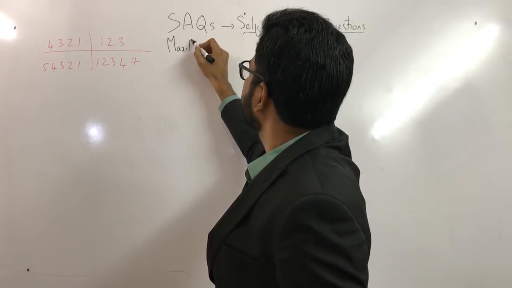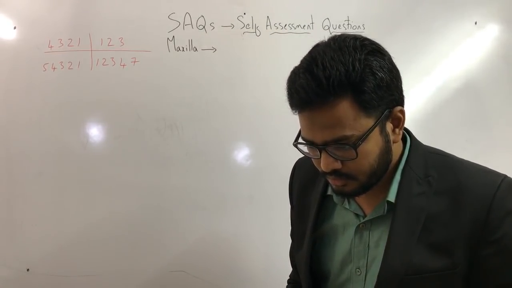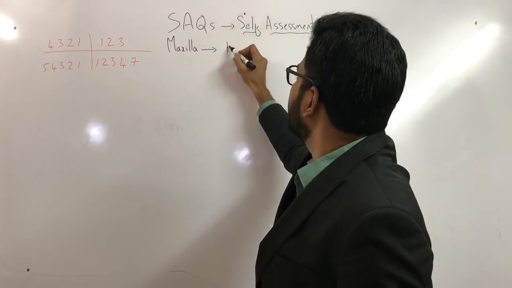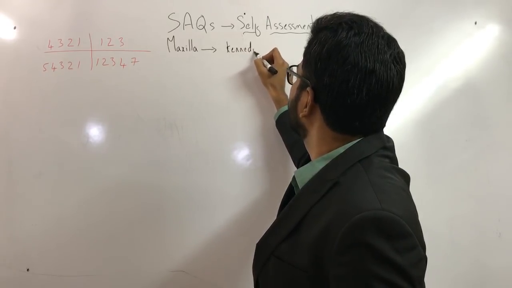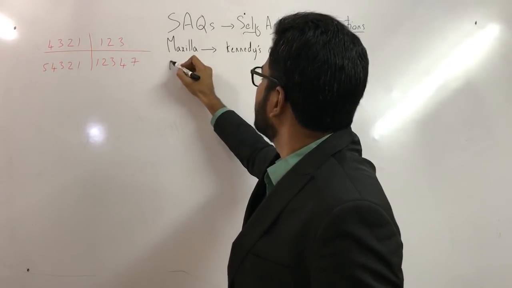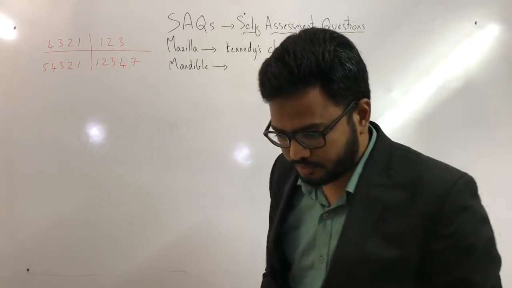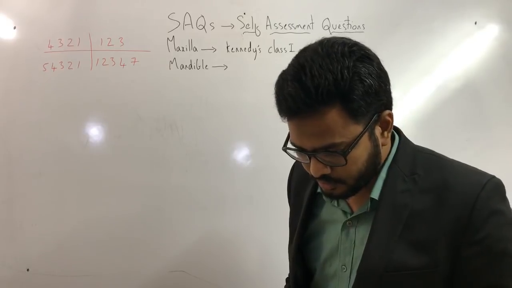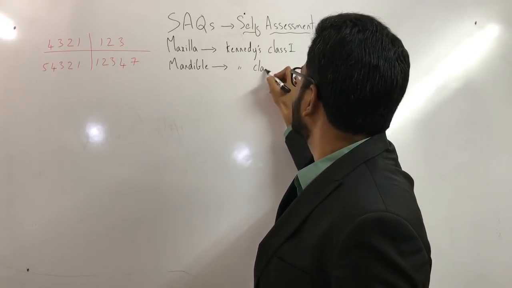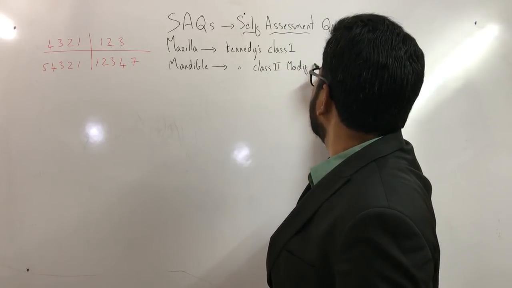For maxilla, good. It's a bilateral posterior edentulous area, so Kennedy's class 1. And mandible, yes, Kennedy's class 2 modification 1.